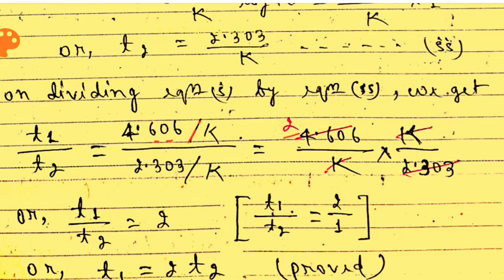So t1 by t2 is equal to 2, or t1 by t2 is equal to 2 by 1.